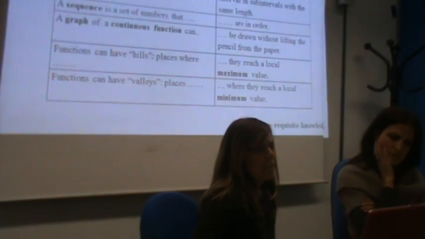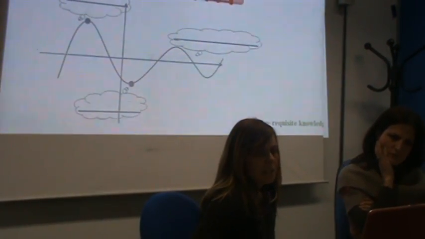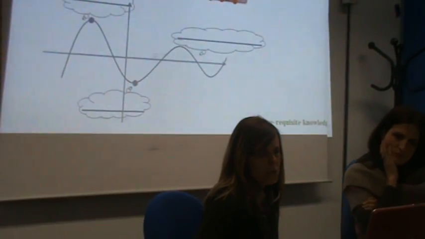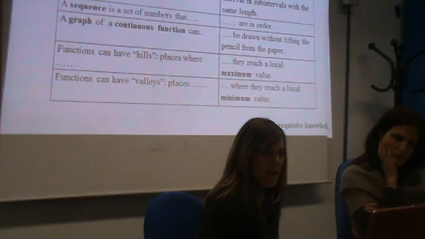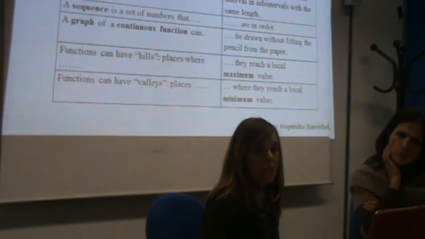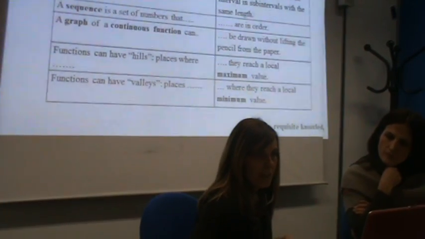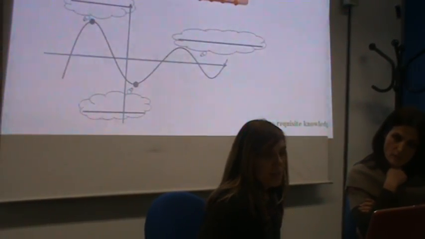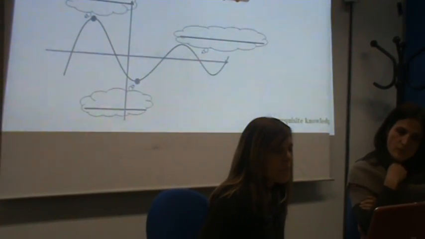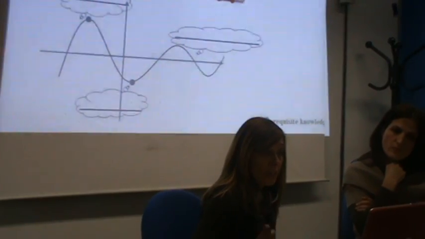At first we have 2 exercises, O0 and O1, that are prerequisite knowledge. In the first one, they recall some concepts they know because they met them during the year. And then they rewrite the definitions, looking at the correct notation.